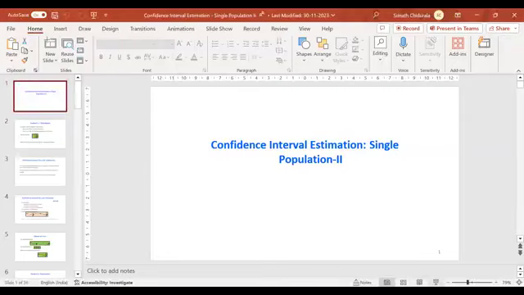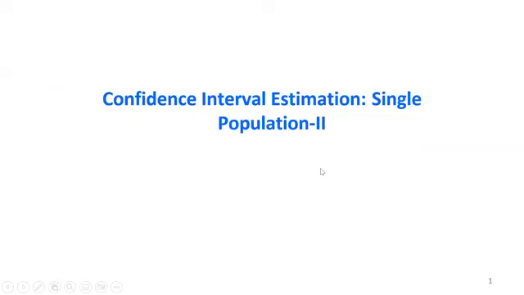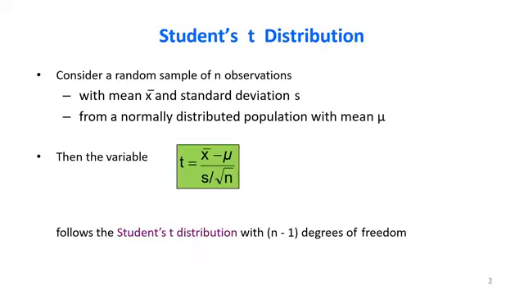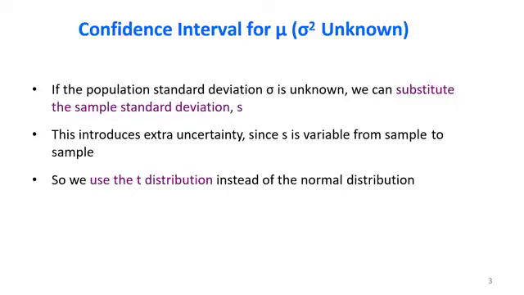All right. In continuation with what we discussed last week, we discussed confidence interval estimation. We discussed a scenario where we have the information about the population variance. In case we do not have that information, how can we calculate the confidence interval?